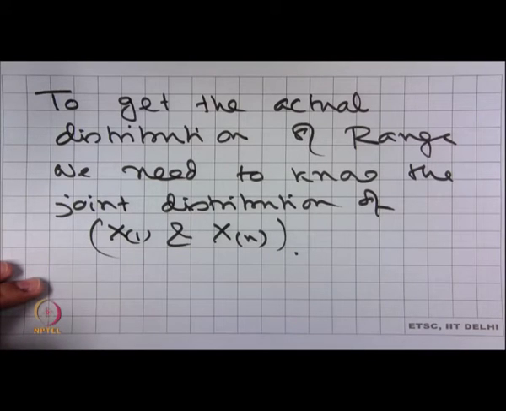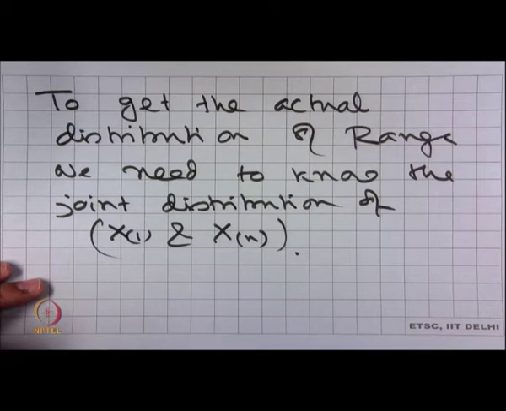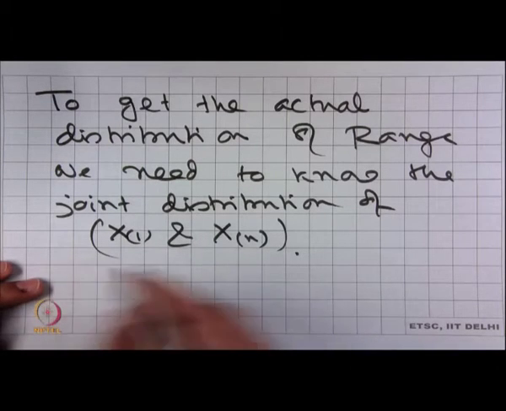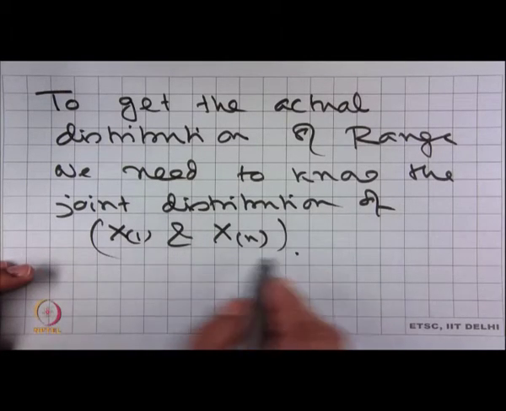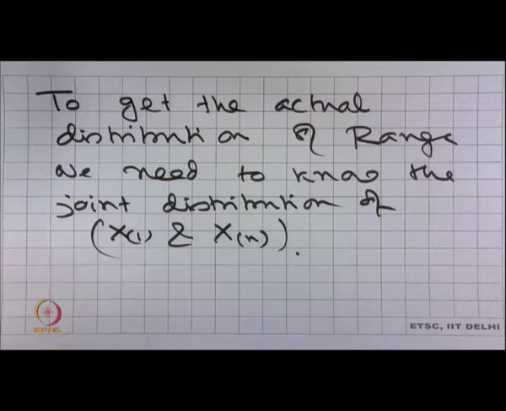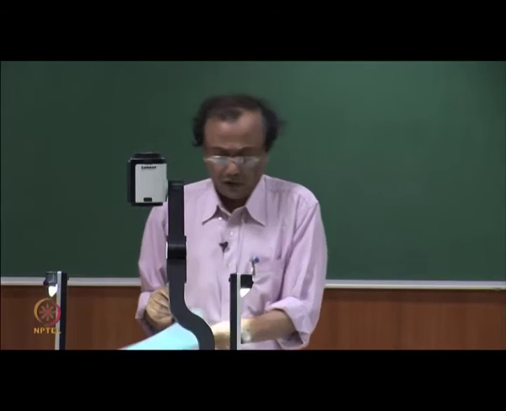From there, we can find out the expectation of the range. In fact, from there we find out the distribution of the range, and from there we shall calculate the expected value of range.